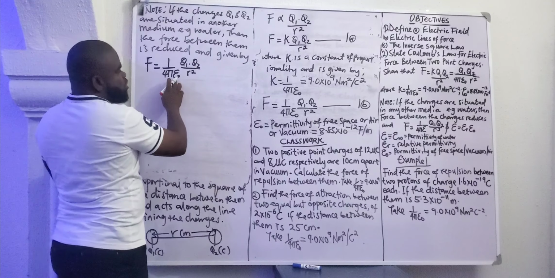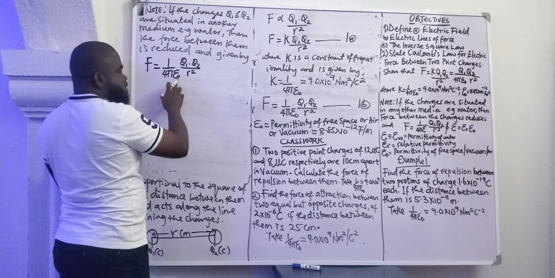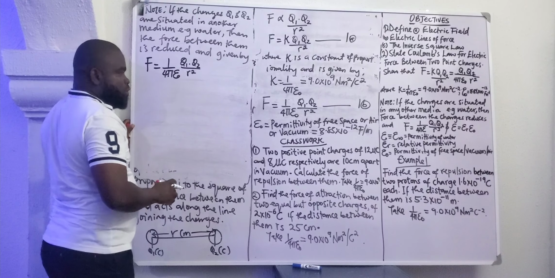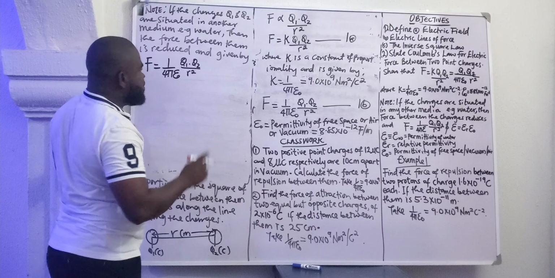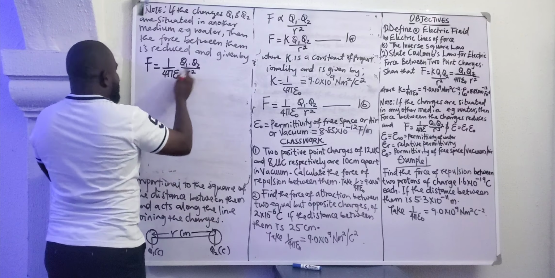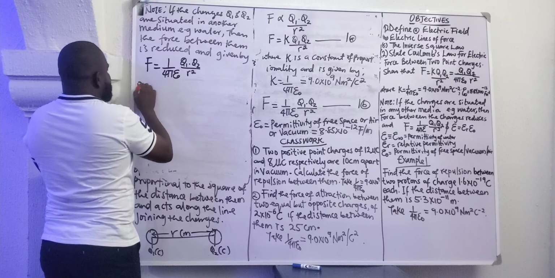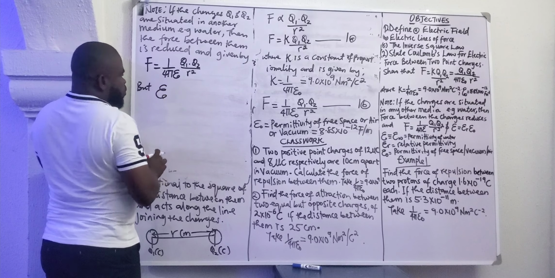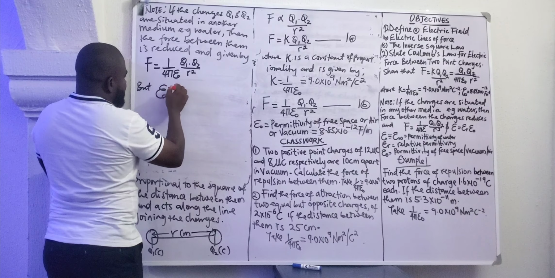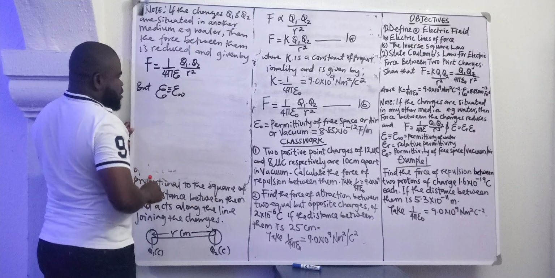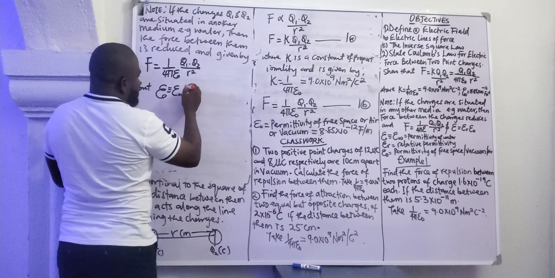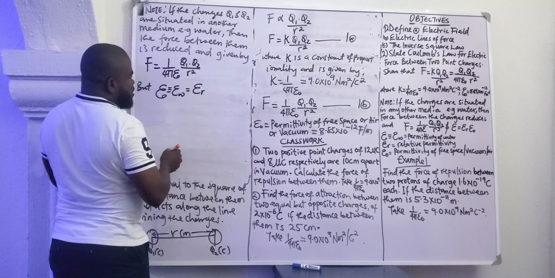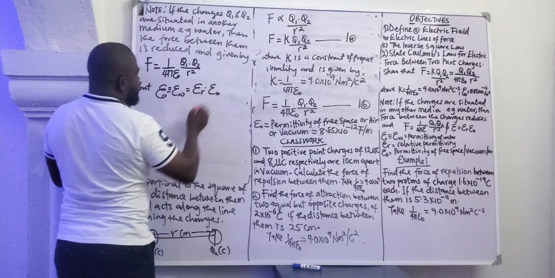So this permittivity of water has a relationship to the permittivity of vacuum through what we call relative permittivity. So I will say here that the permittivity of water, if I call it epsilon W, is equal to relative permittivity times permittivity of what?